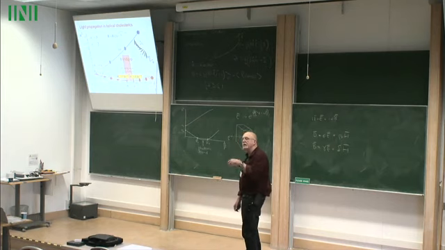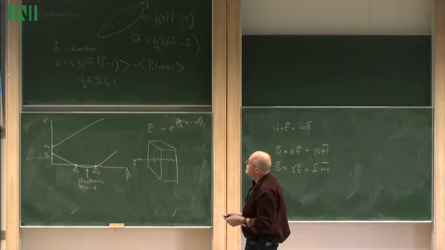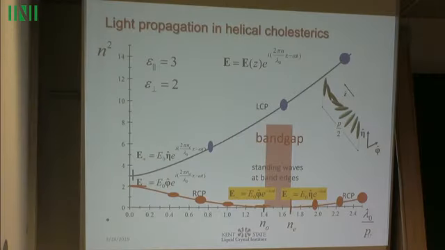So photons go in and eventually they wander back out. And at the two band edges, we have standing waves, where n is 0, and this corresponds to standing waves polarized perpendicular to the director at one band edge and parallel to the director at the other. And the further you go in away from the band edge, the more rapidly the photon number decreases as you go in.